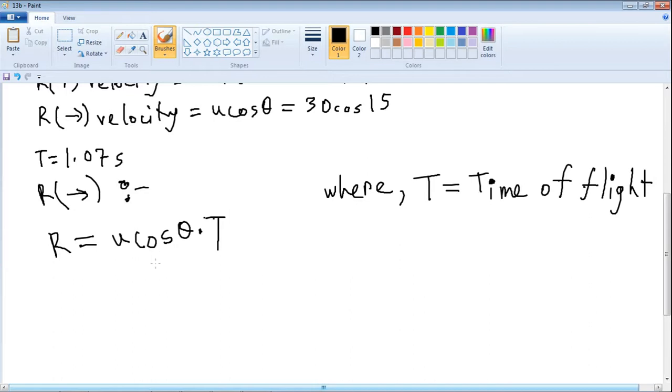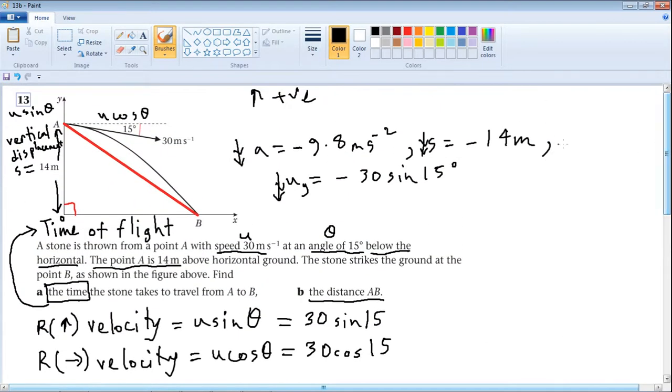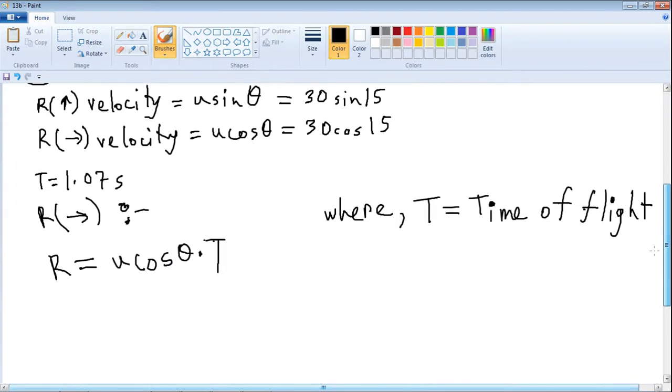Since there is no force or any other resistance in the horizontal direction, the horizontal component will have constant velocity.